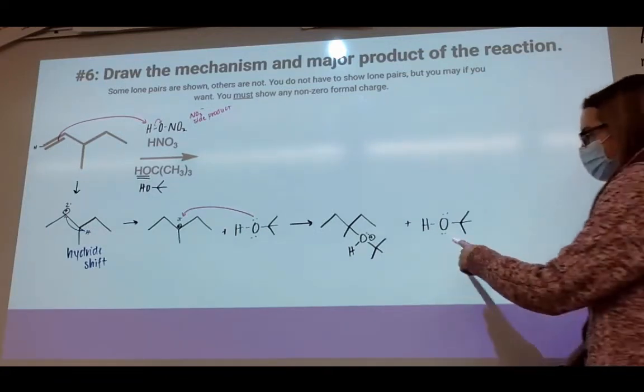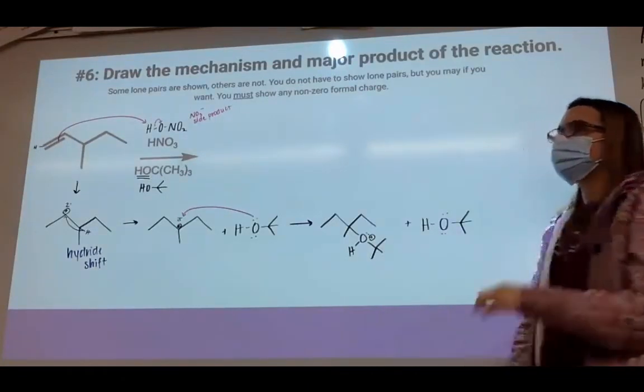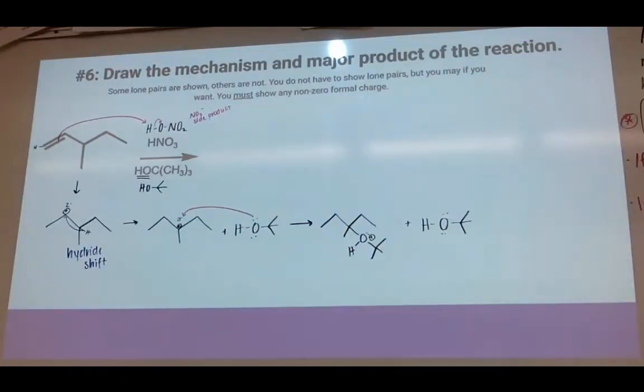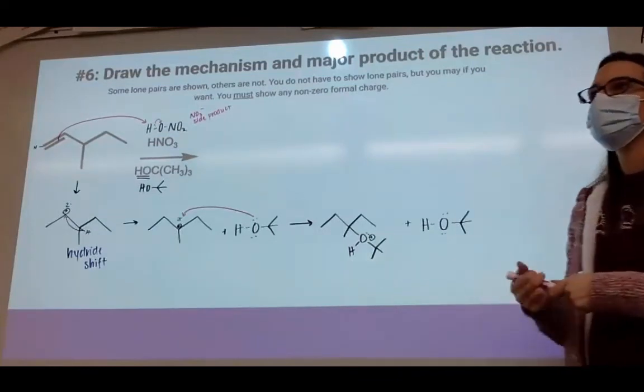The reason that these lone pairs are not attacking this is because that's giving oxygen another bond. To get rid of oxygen's positive formal charge, we need to somehow get it another lone pair. To get it another lone pair, we could pull off this hydrogen.